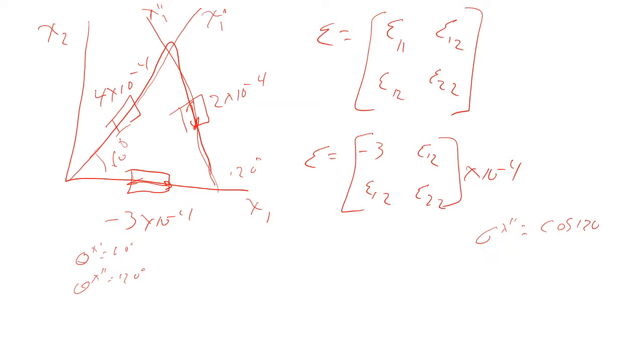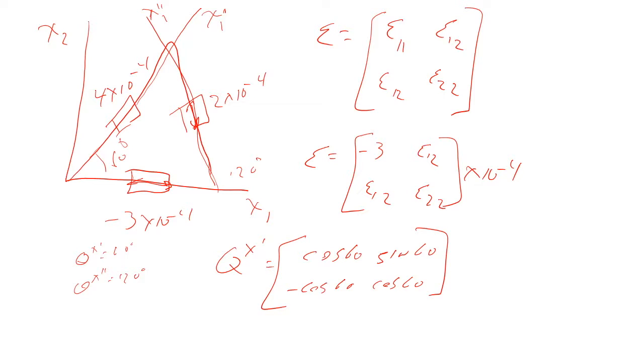I wrote that completely wrong. Q for x prime, the angle is 60. I was thinking ahead to the next one. And I did it again. Okay.